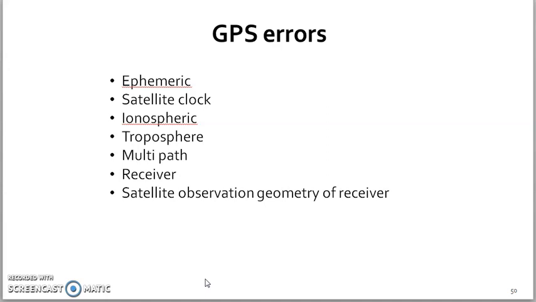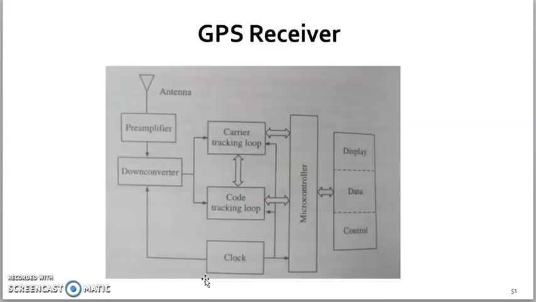So these are about the GPS errors. We have already learned these particular components, and they come under the errors of the GPS satellite. The same applies here with the receiver.